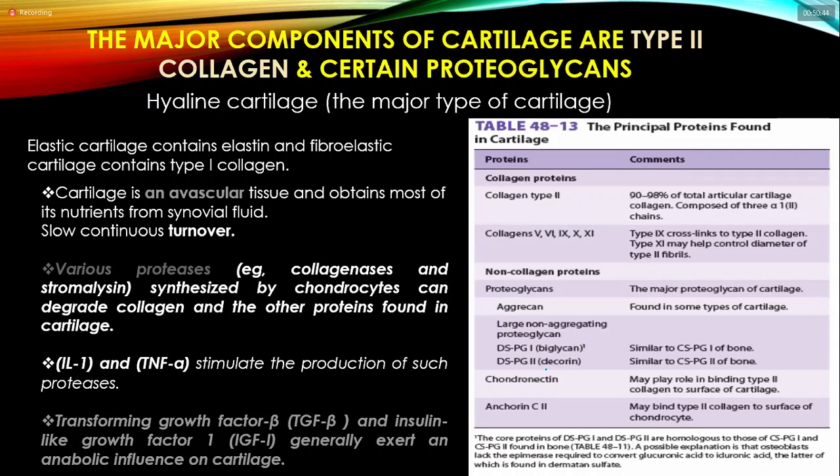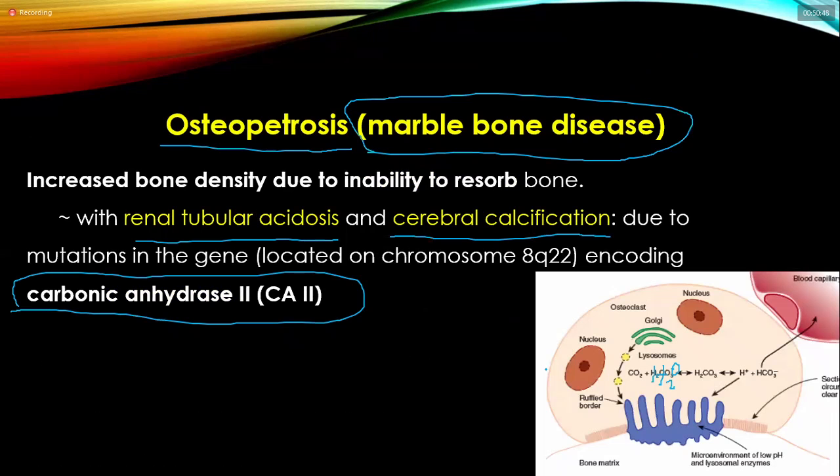But two slides before, in osteopetrosis, we said we have a deficiency so we can't make the acid, right? Yes. Then why would we have renal tubular acidosis? I can't make the acid. Yeah, this enzyme is also present over there, so we will have accumulation of acids inside these tubular cells.